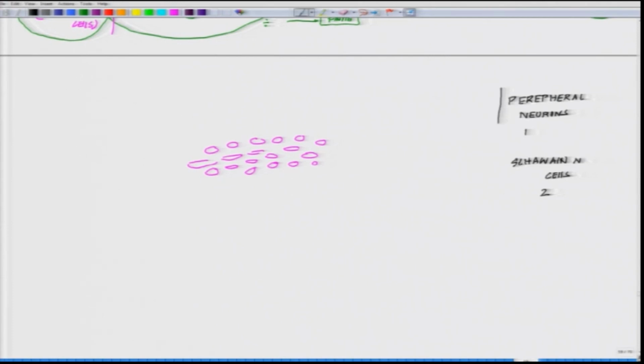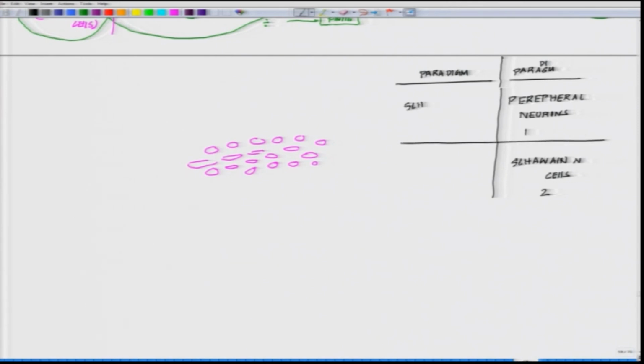If this is one paradigm you are following, there is another paradigm you can follow, where you put the Schwann cells first and you put the peripheral neurons second.